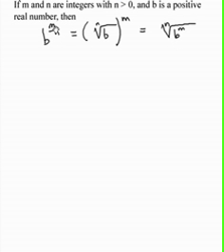The denominator of this rational exponent is the root index, so that goes in this little portion of the radical sign. The numerator is the power that is being raised to. So we can either take the nth root of b first and then raise it to the m power, or we could take b, raise it to the m power, and then take its nth root.